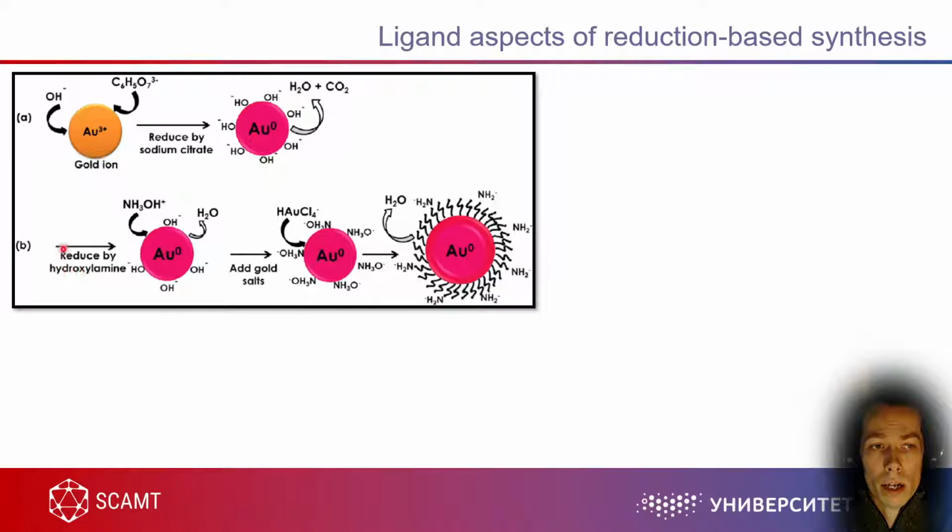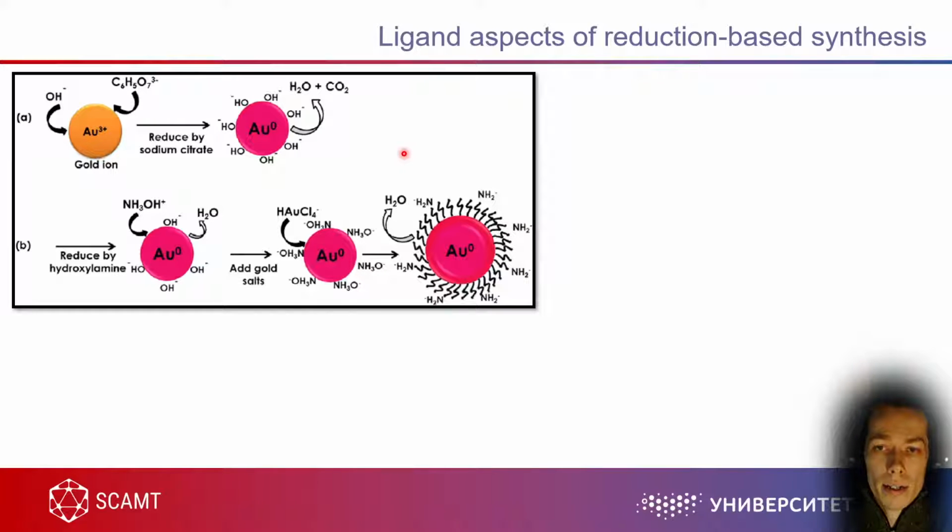But there are also other methods to produce different types of stabilization, and you can add some functional groups later after the synthesis, and this will result in formation of a different type of electrostatic stabilization. But still this is electrostatic stabilization, so it's just charged molecules on the surface of your particles, and this is just electrostatic repulsion between your particles.